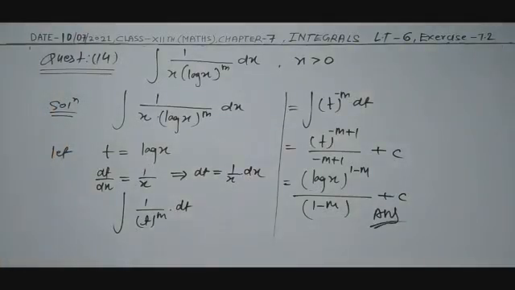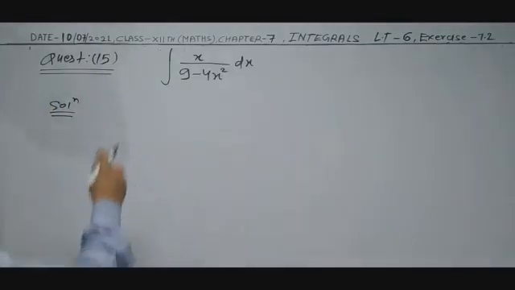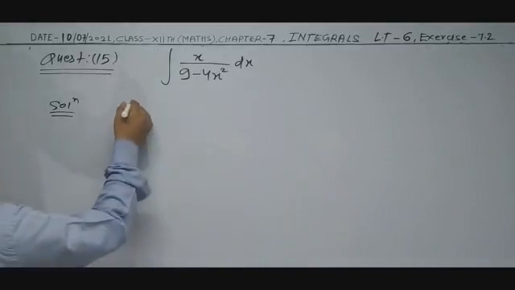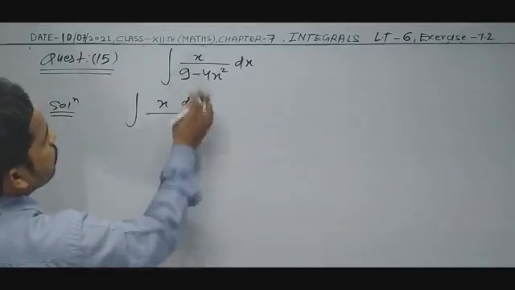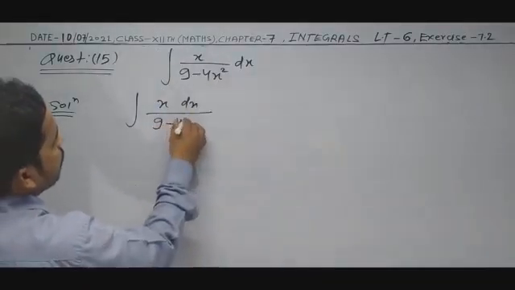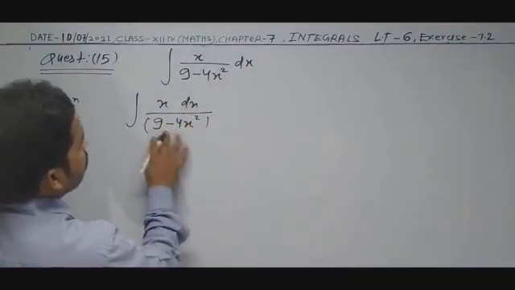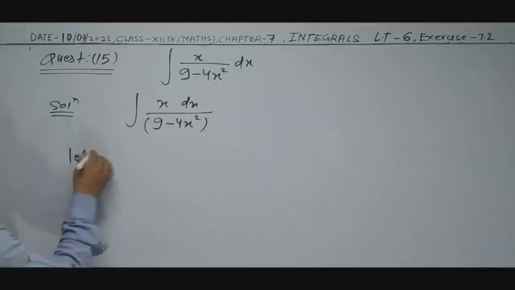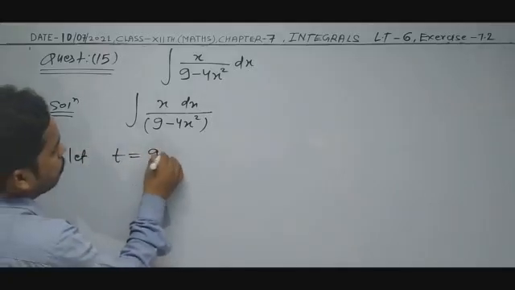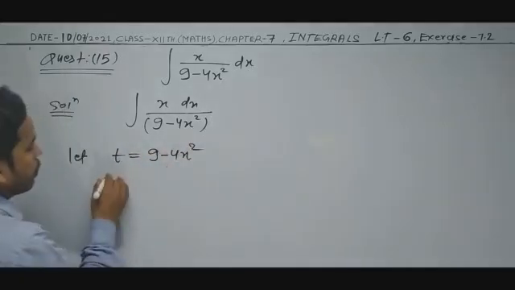Now come to question number 15. Question number 15 is the integration of x dx upon 9 minus 4x square. Now in this question you can consider 9 minus 4x square as t. So let t is equal to 9 minus 4x square.